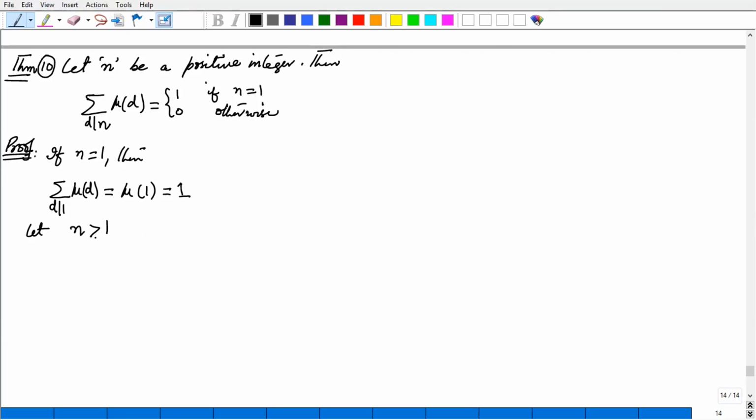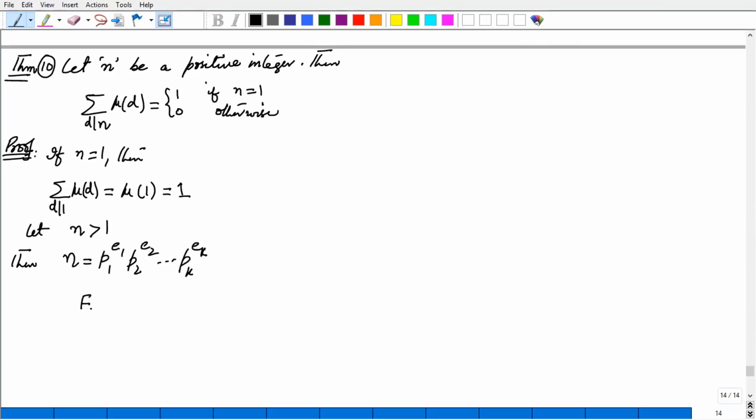So if n is greater than 1, then it can be decomposed by using canonical decomposition, which is n equals p1 to the power e1, p2 to the power e2, till pk to the power ek. Okay? So this is the canonical decomposition.